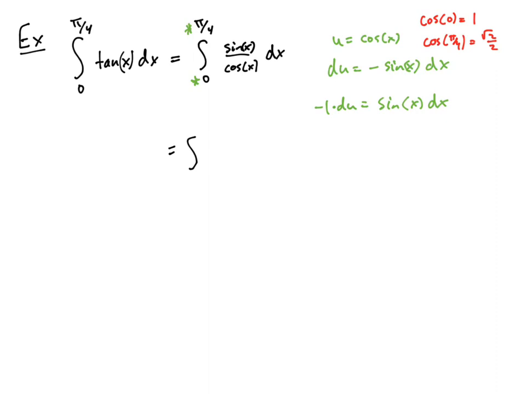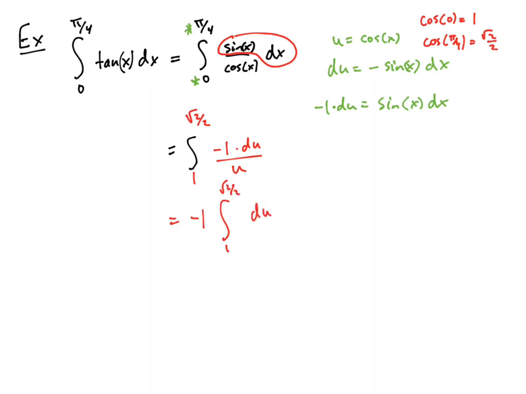We're going to have 1 to square root of 2 over 2. Sine of x dx is in the numerator. That's going to be negative 1 times du divided by u in the denominator. I'll take that negative 1 outside the integral.